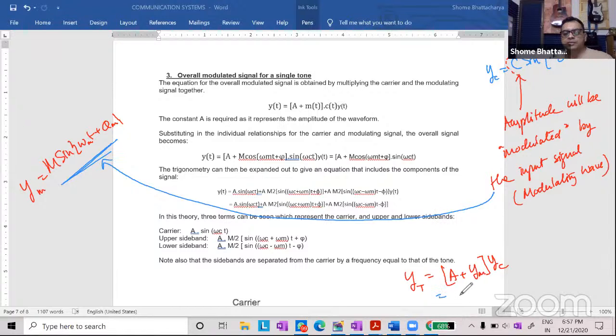So this becomes capital A plus M sine omega m t plus phi m, whole thing multiplied with C sine omega c t plus phi c, where this is the high frequency term and this is the comparatively low frequency term. So this is this entire term here.